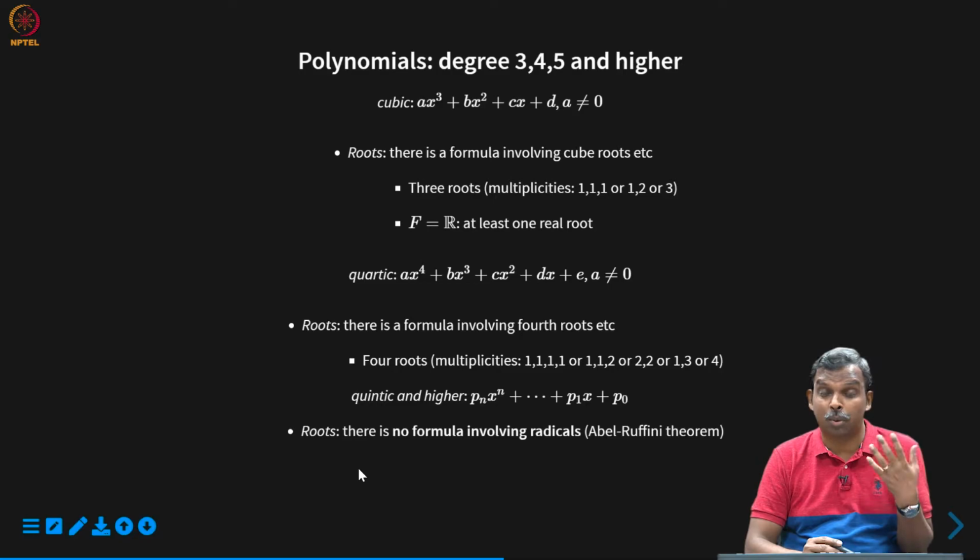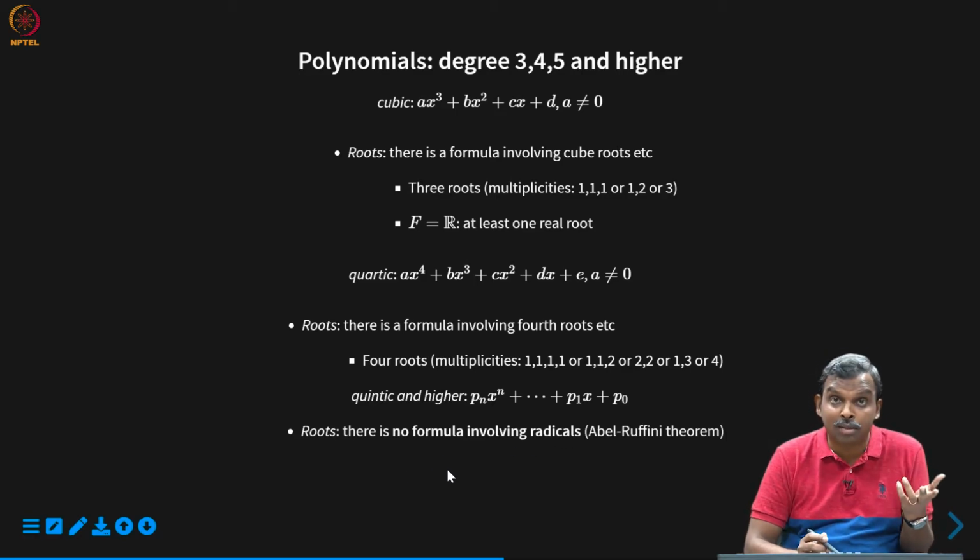Think about what that means. It is a very surprising result, even to imagine how one could prove it. Just because you have degree 5 or higher, if you want one formula for all degree 5 polynomials, it won't work. There is no such formula. And that fact can be proven.